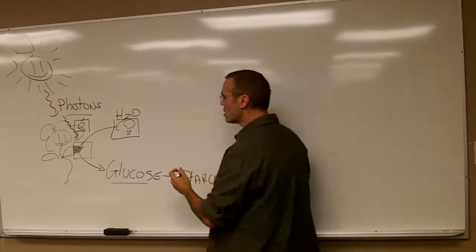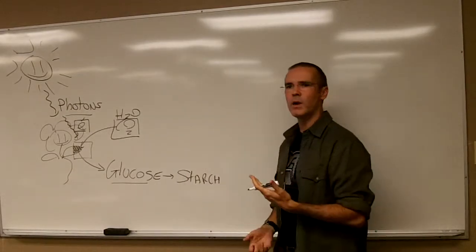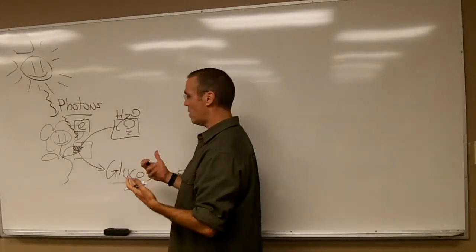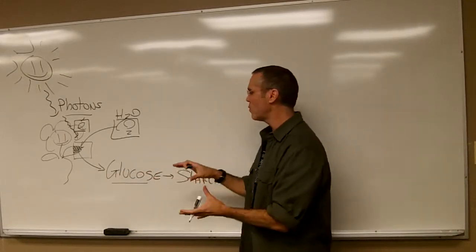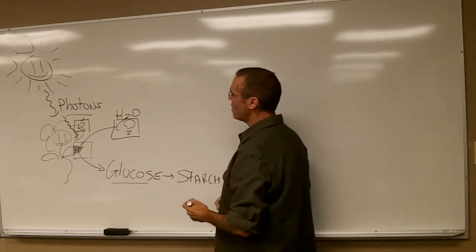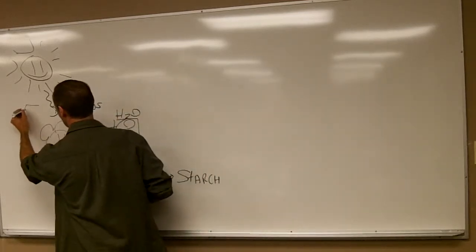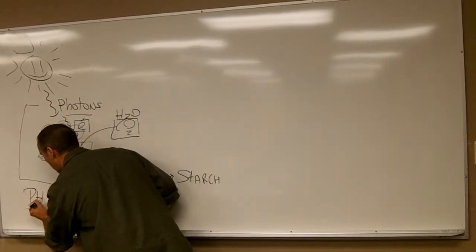Okay? So glucose here is only a model. It's only one of the types of molecules that are being synthesized. There's other types of sugars as well, but we will just concentrate on glucose. Okay? So all of that here is the process of photosynthesis.